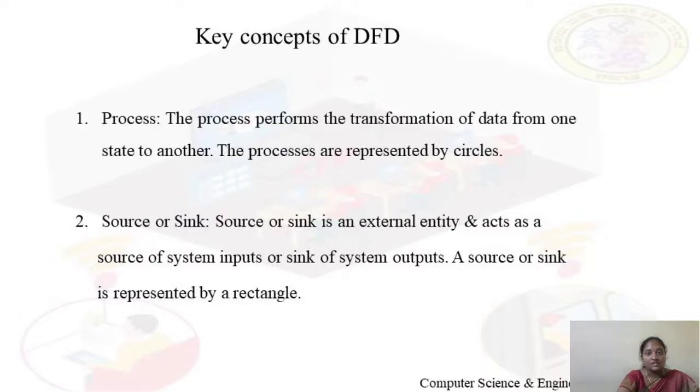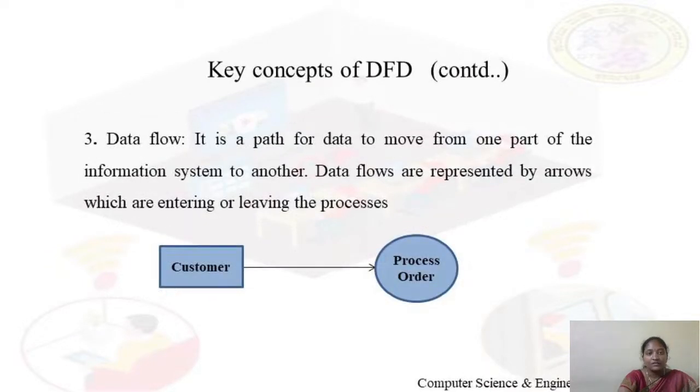Source or sink is represented by a rectangle. Data flow is the path for data to move from one part of the information system to another. Data flows are represented by arrows while entering or leaving the processes.